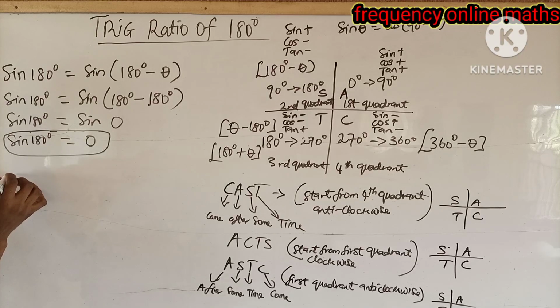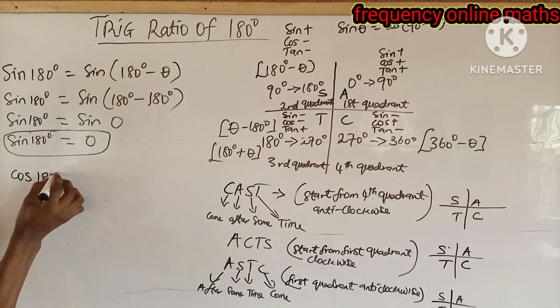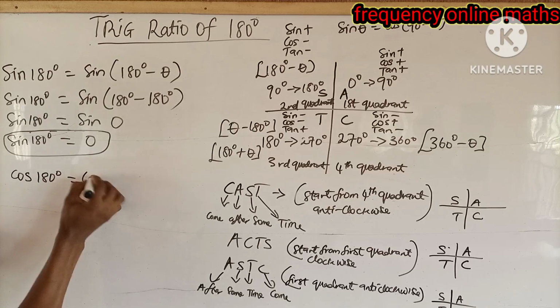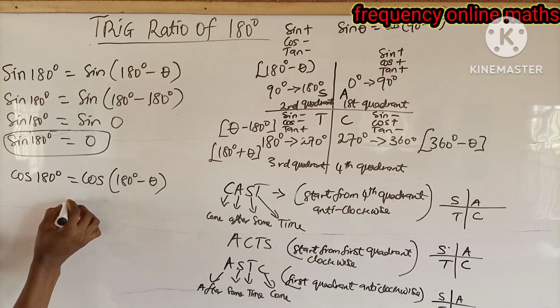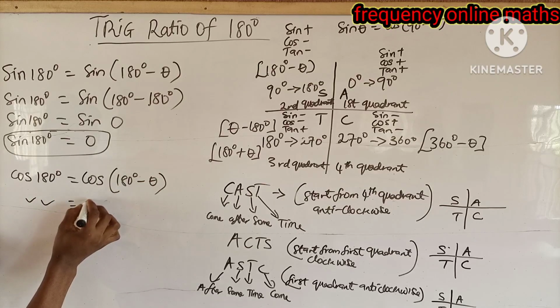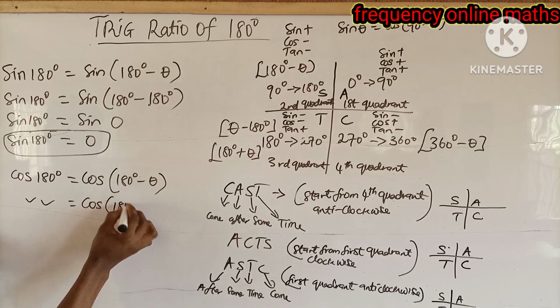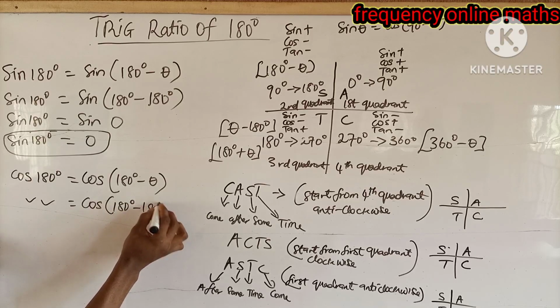We are going to find cos 180 degrees. Using the same formula, we have cos bracket 180 minus theta. So cos 180 degrees is equal to cos bracket 180 degrees minus 180. 180 minus 180 is 0.